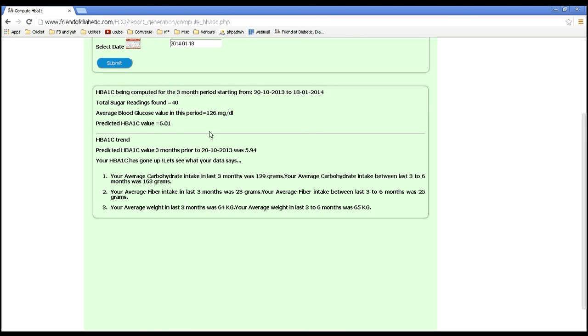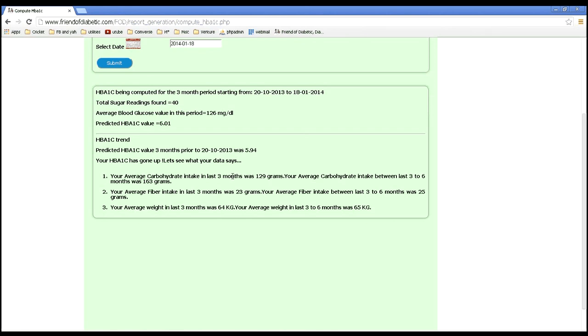And what it also does is that it goes to the 3-month period previous to the 3-month period that is being calculated now. So between 6 to 3 months, it sees what was the trend.